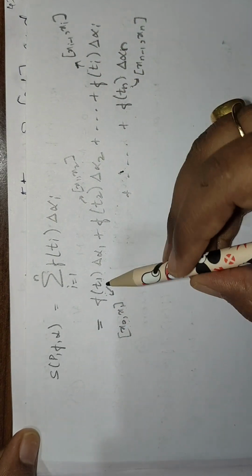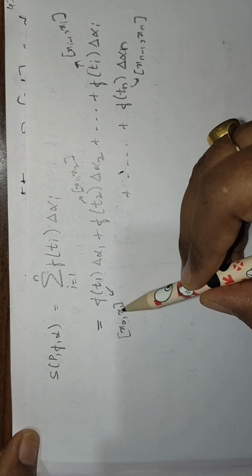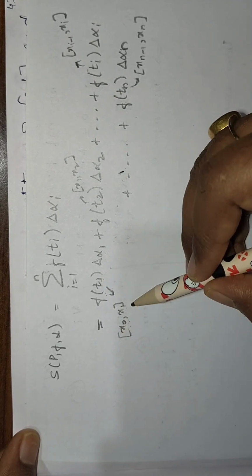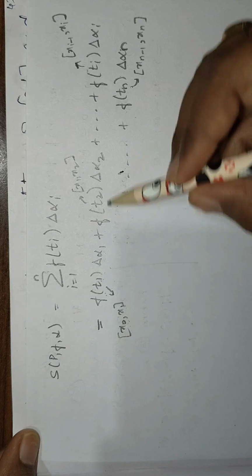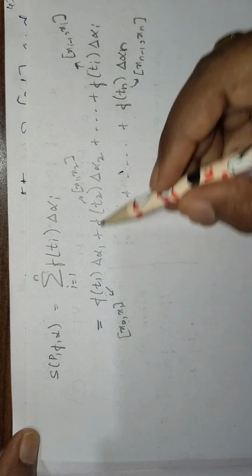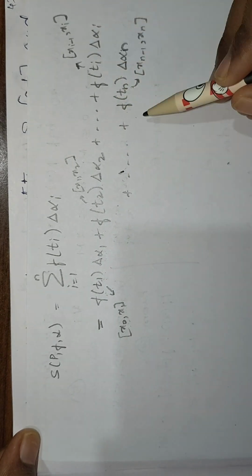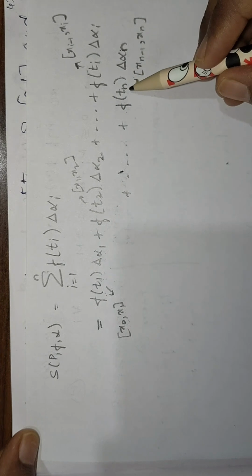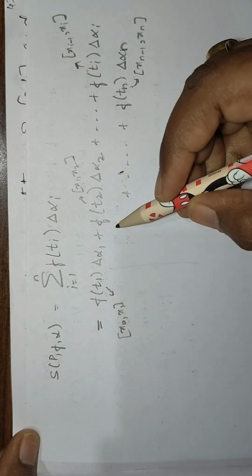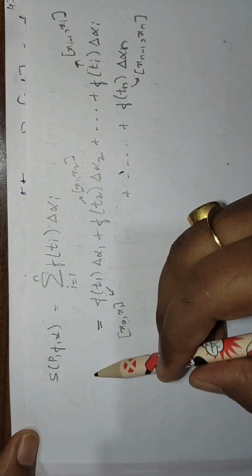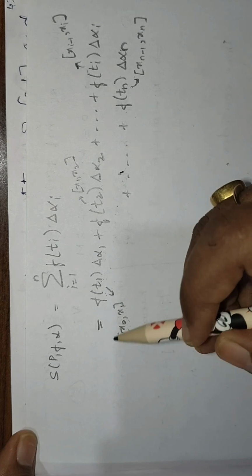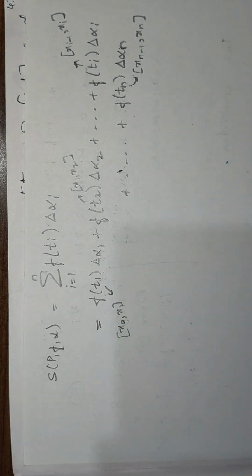As I told you earlier, there are many points in each subinterval, and obviously you will have many such sets containing t1, t2, etc., ti, etc., to tn. So for each respective set, you have a particular S(P, f, alpha) value.